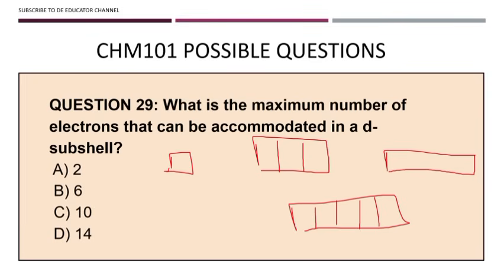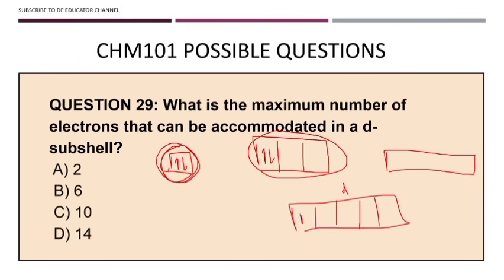That's why you must be very, very careful once they ask the question. When they say orbital, this is an orbital here. One of these is an orbital. Everything together is known as a subshell, right? So now in one orbital, you know that it is two electrons. You remember something like this in chemistry, right? So now the question is for d. So remember I said this is d.